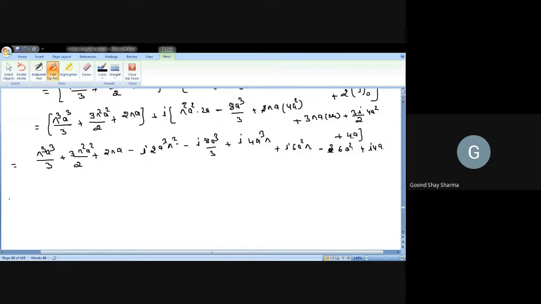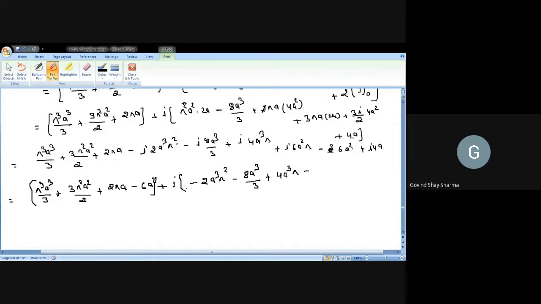So the real part is π³a³/3 + 3π²a²/2 + 2πa − 6a², plus i times (2a³π² − 8a³/3 + 4a³π + 6a²π + 4). This is our term.